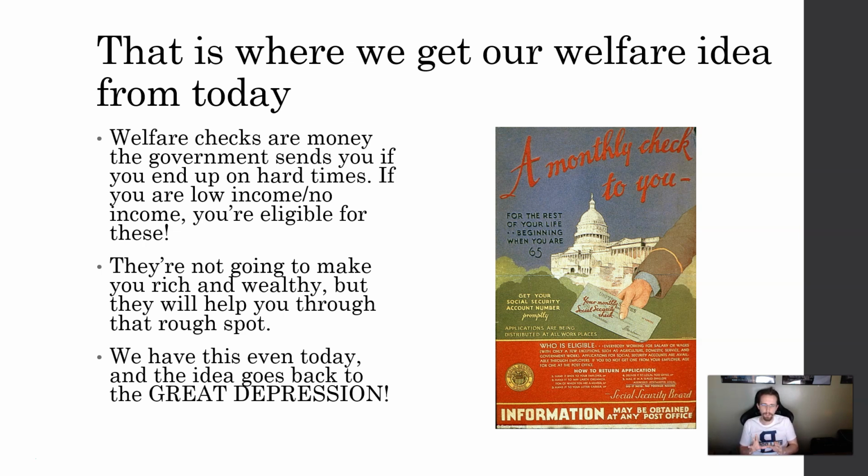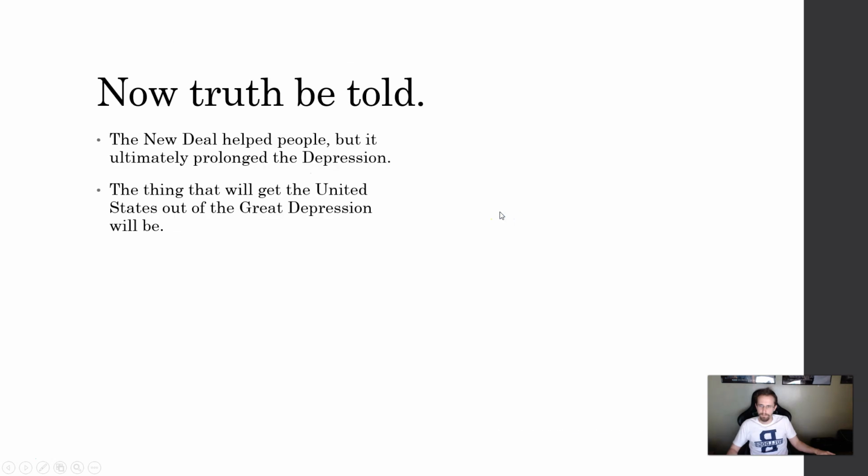Be very, very fortunate you live in a country that actually will do that. Because in some countries, if you get into poverty, you're just out of luck. We have stuff like this today, yet we're talking about stuff in the Great Depression. The reason I'm pointing it out is because stuff that's in 2020, like welfare, started in the Great Depression in the 30s.